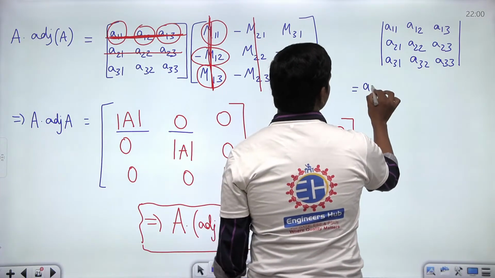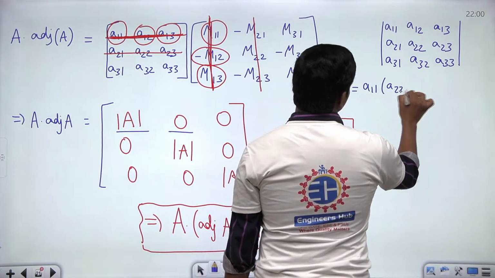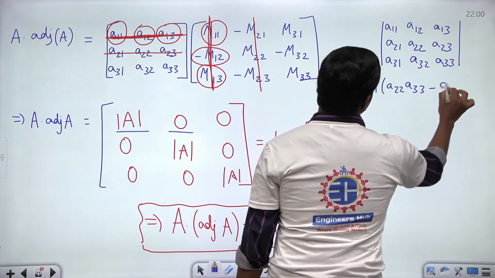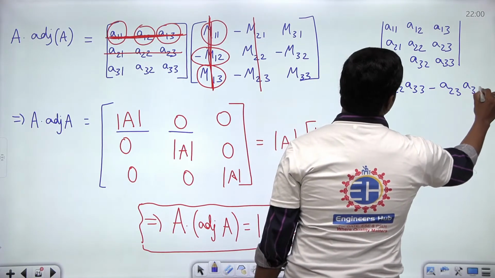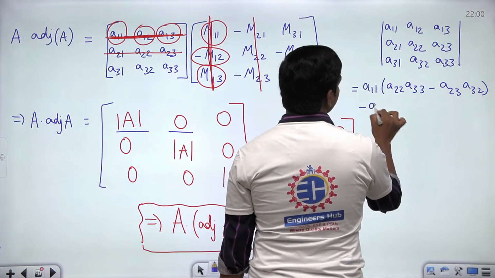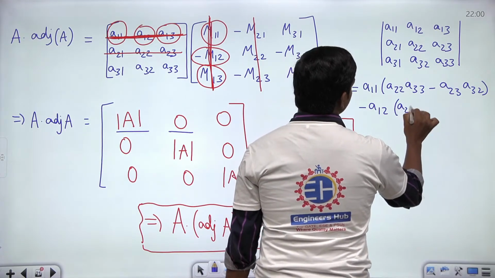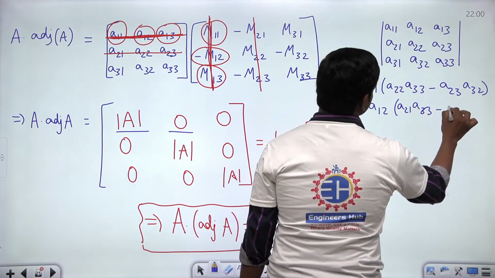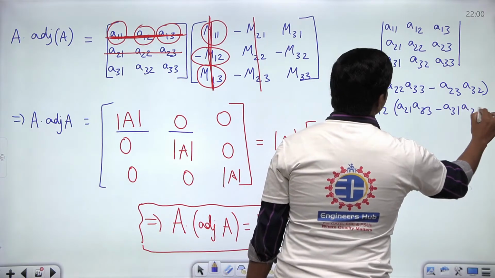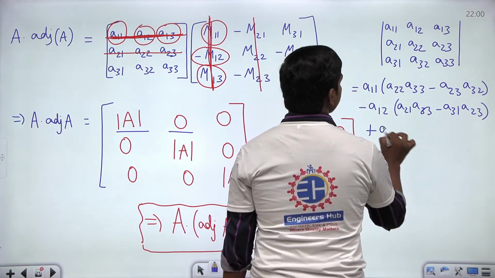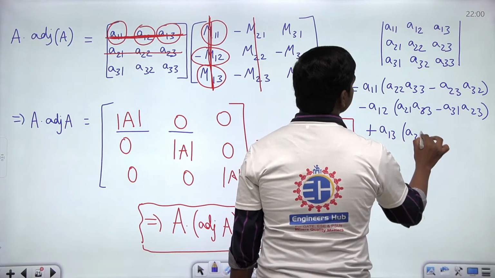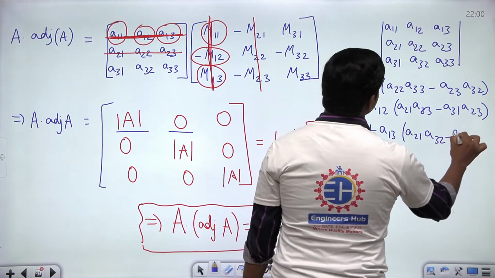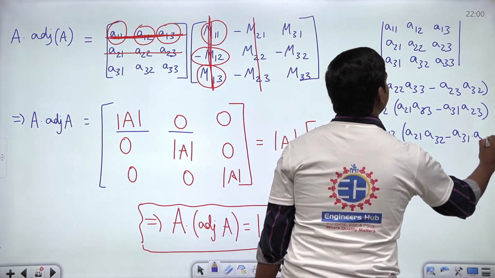So A11 into (A22 A33 minus A23 A32), minus A12 into (A21 A33 minus A31 A23). Next we have A13 into (A21 A32 minus A31 A22). This is what we have, correct.